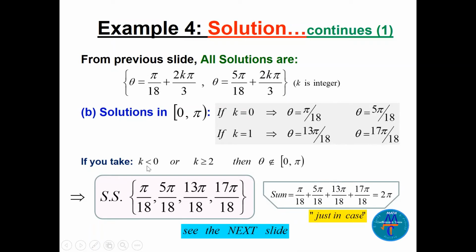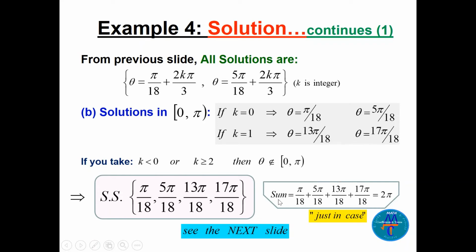Now, just a little remark here. If you take k less than 0 or k greater than or equal to 2, which means not 0, not 1, the theta you will get will be outside the interval from 0 to pi, so they are rejected. Now, the solution set has only 4 values of theta: pi over 18, 5 pi over 18, 13 pi over 18, 17 pi over 18, which is the answer.